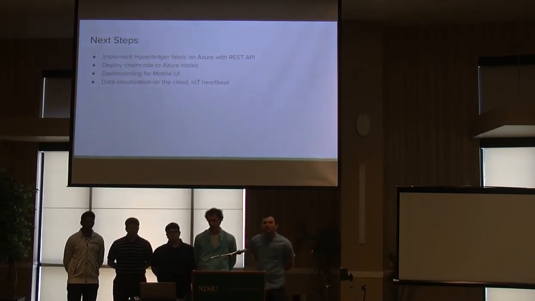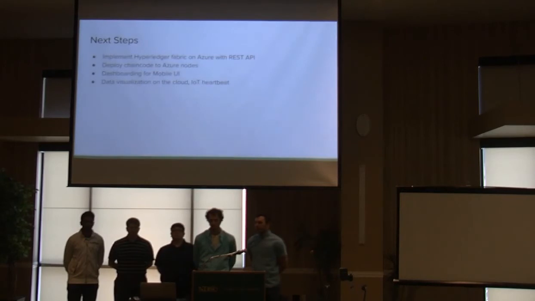If we had more time, we would of course like to implement Hyperledger Fabric, because I think that's the backbone of our project, being able to exchange secure data between businesses.